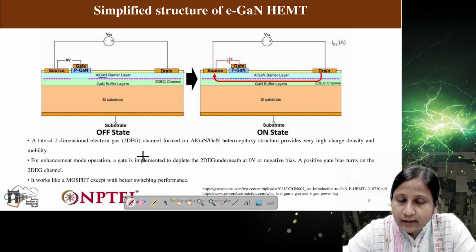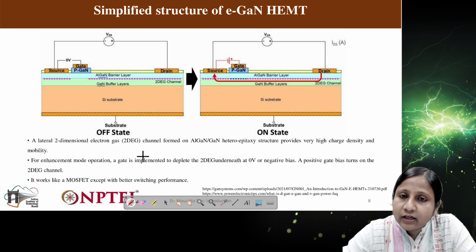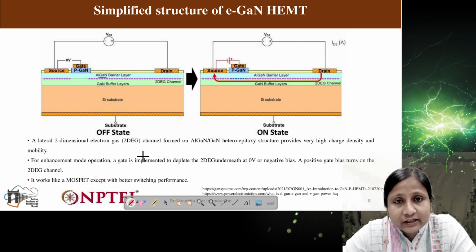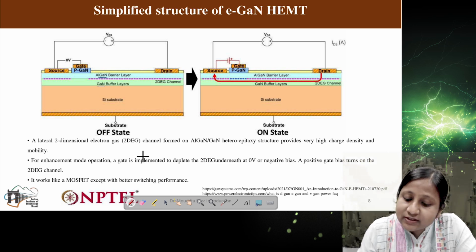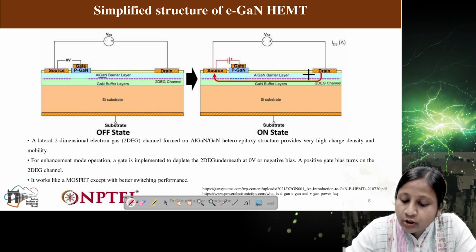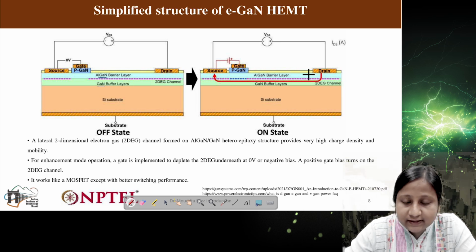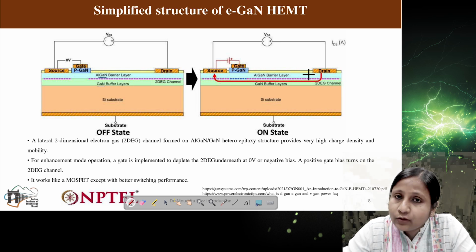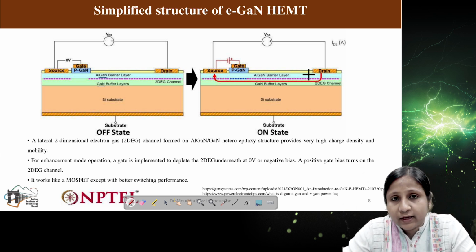So this is a depletion type of device. That is why we have to provide negative voltage in order to completely turn off the device, because the two-dimensional electron gas layer is already formed, so the current path already exists. If we don't provide negative voltage, it will be a normally on type of device.